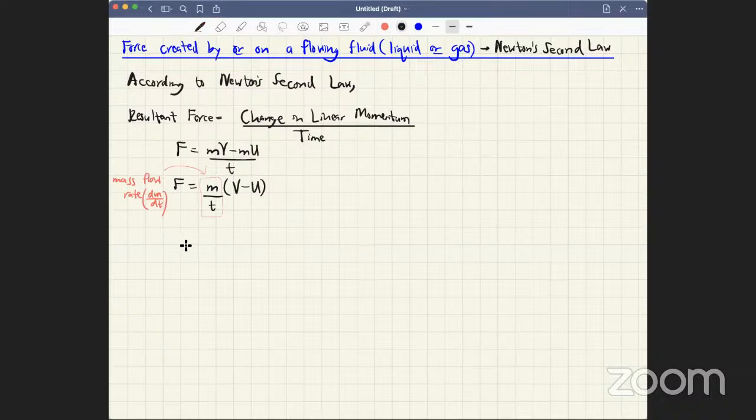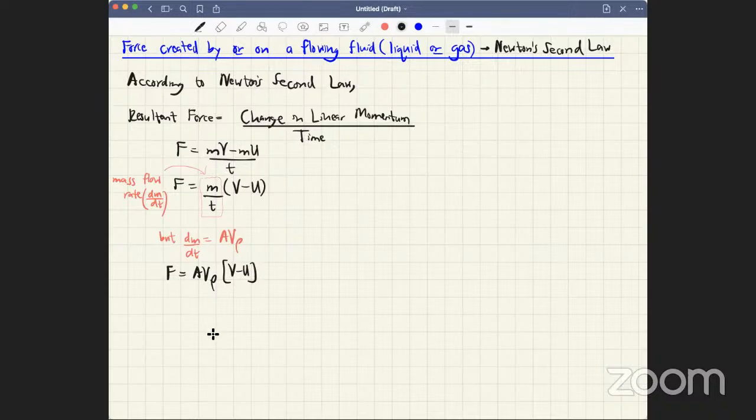Now, instead of dm over dt, what can I write, people? We know dm over dt is equal to, we just derived an equation, A V rho. So I'm getting an equation like this then, F equals, instead of m over t, I can substitute A V rho inside the bracket, V minus U.